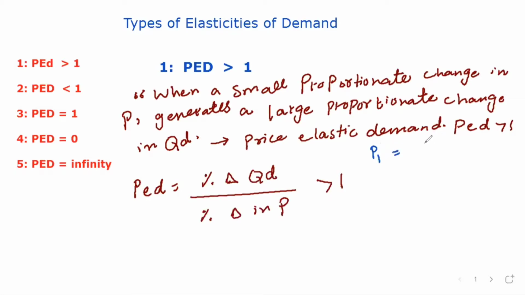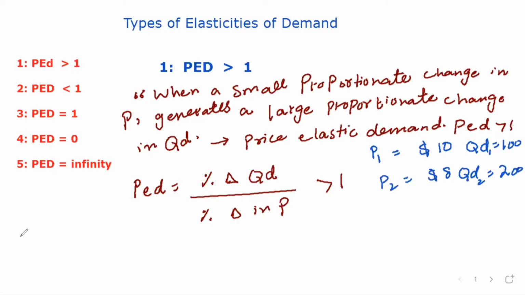If P1 is $10 and P2, the price of anything, is $8, and quantity demand for price 1 is 100 units, and quantity demand 2 for the price, as you know, prices decrease from 10 to 8, so quantity demand should increase. It is increased by 100 units. So 100 to 200, the difference is 100 units.